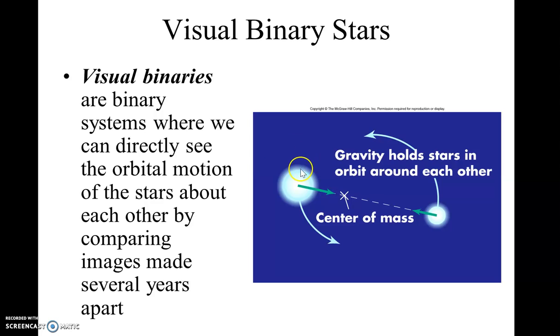And remember, these are 2 stars that are actually orbiting each other, not 2 stars that just happen to be close to each other in our field of view. You look up at the night sky, and 2 stars might look really close to each other, but they might be hundreds and hundreds, maybe even thousands, of light years apart. These are stars that are really close to each other and even orbit a common center of mass.